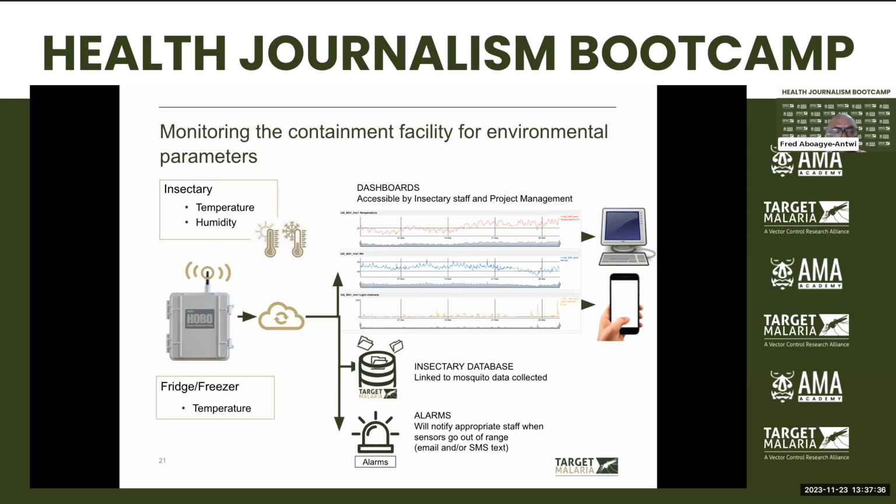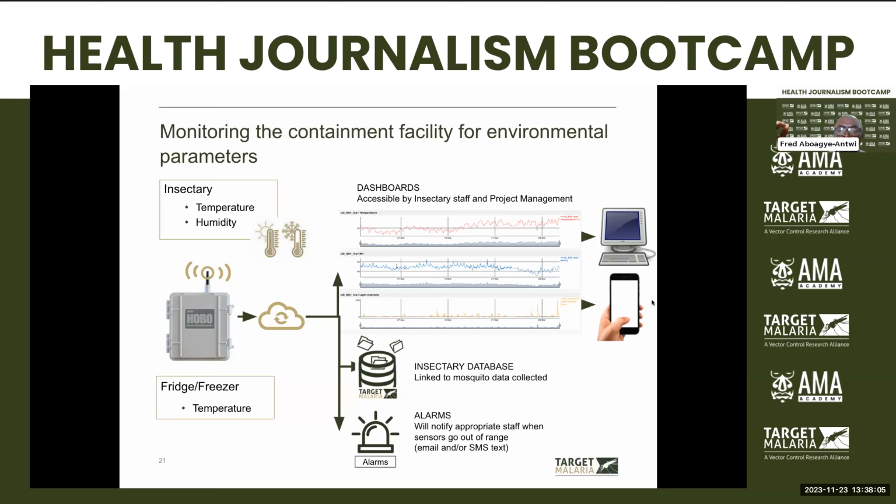And so we have devices such as the Hobo, which are probes that pick up the temperature and humidity within these insectaries and download them on a computer and into a database where we can monitor to make sure that the temperature and the humidity are within the desired ranges.